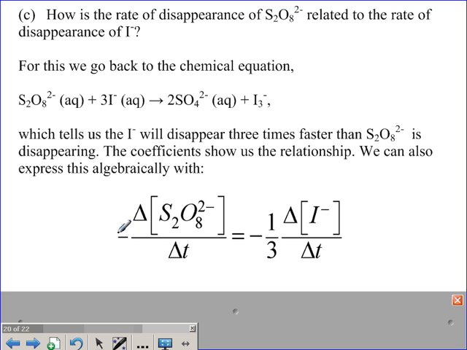They're both negative because they are both reactants and they are disappearing. So if you use the word disappearing, you can leave off the negative signs, as long as we can see that the connection between the two is that the iodide is 3 times faster than the peroxydisulfate.